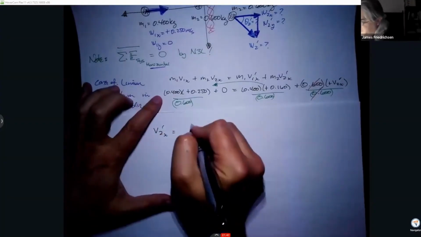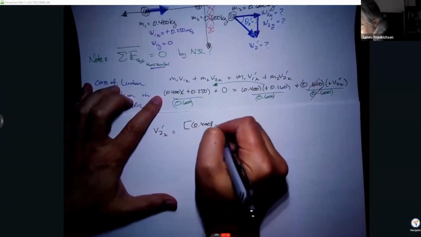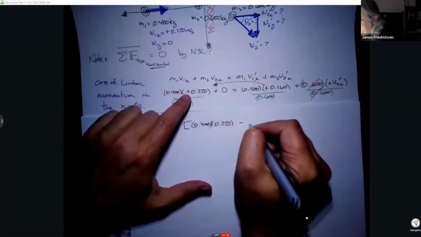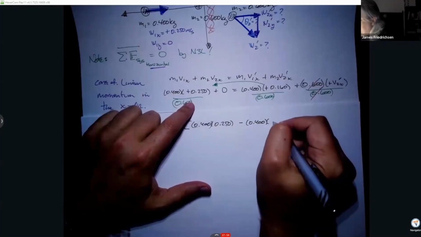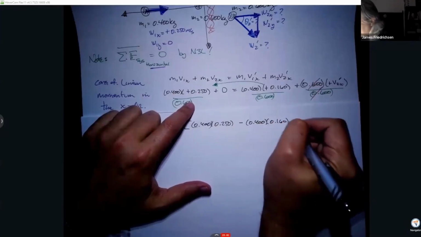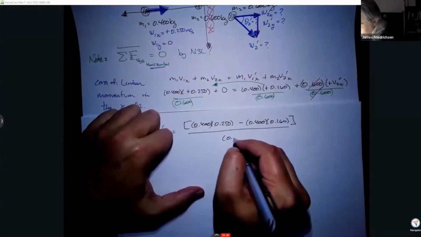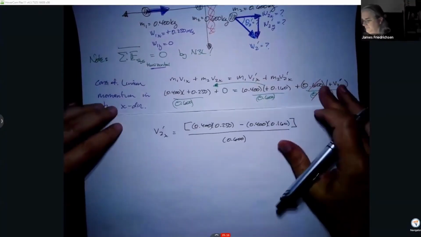And so this will be 0.400 times 0.250. And then when we move this over, it'll be minus 0.400 times 0.160. Like this. And so then what do we get for our x component of the velocity of the second ball after the collision?